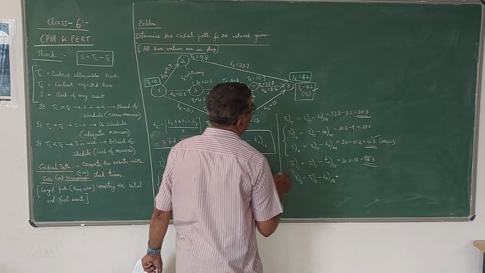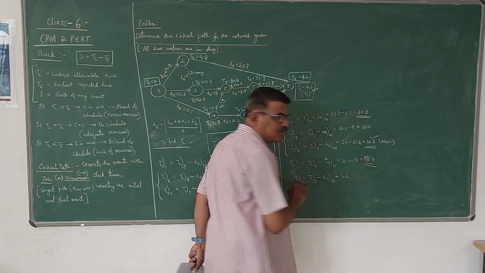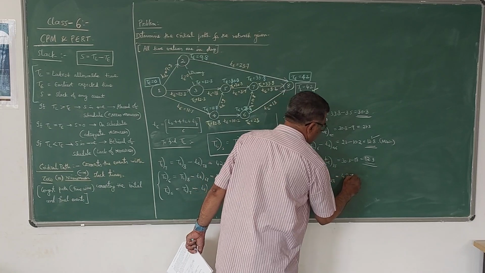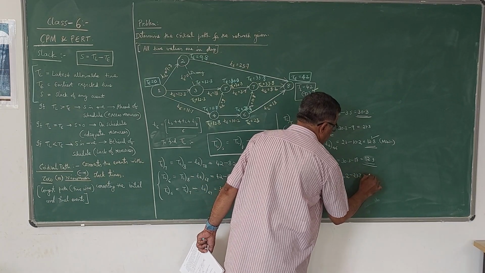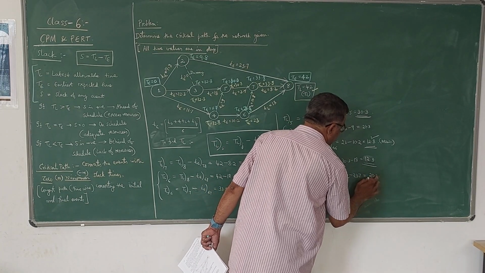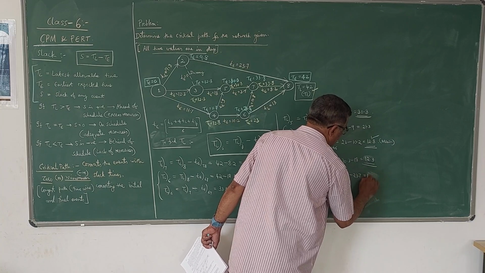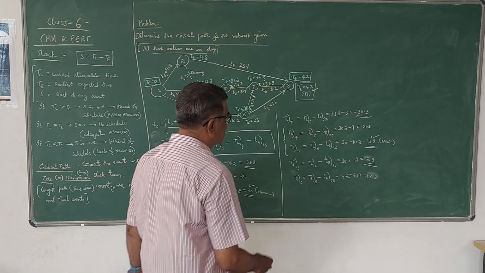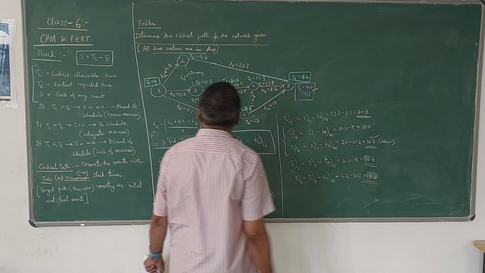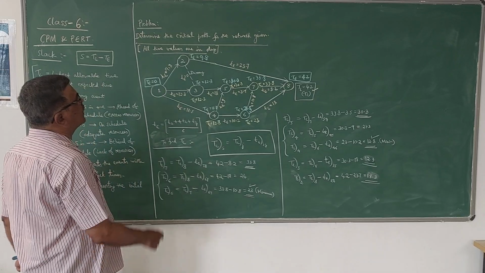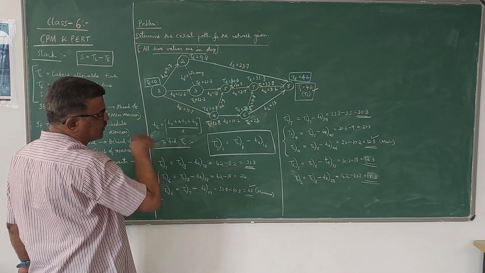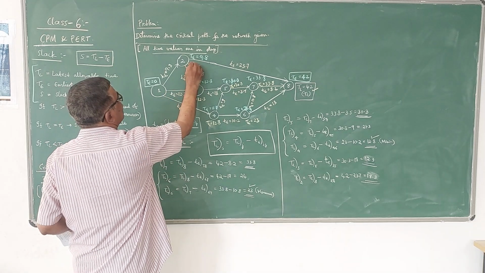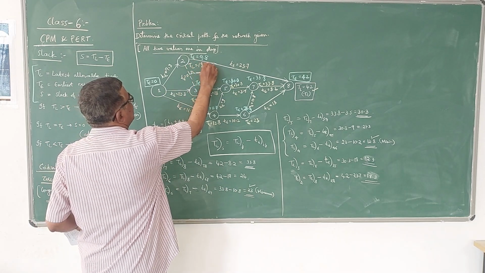TL8 is 42, right? 42 minus TE28, which is 23.7, gives 18.3. Only one answer. So TL2 is 18.3.